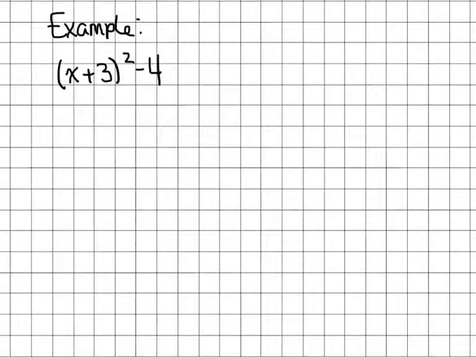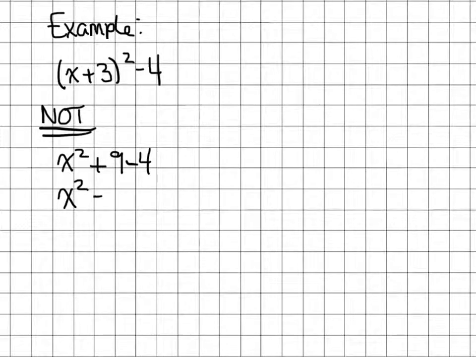So now, again, this looks slightly different. We have x plus 3 all squared minus 4. And really, when we look at this, I am going to show you what it is not, and this is another common mistake. This is not x squared plus 9 minus 4. This is not what it is.